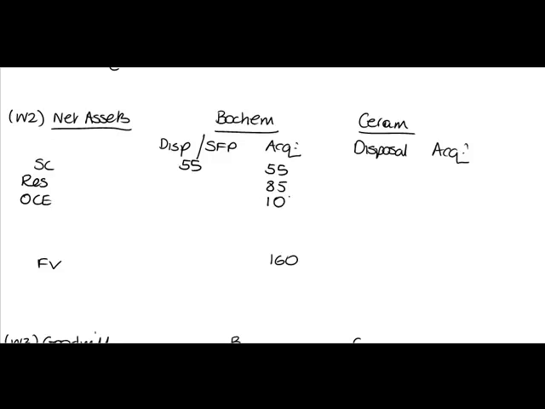The excess of the net assets of the fair value is due to plant. So if I add these up, that comes to 150. So our fair value adjustment is the balancing figure, and that is 10, like so.